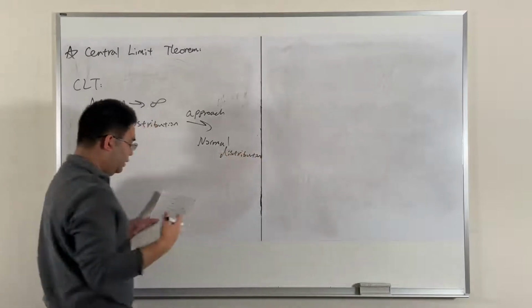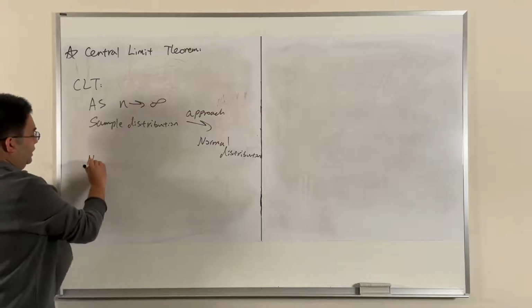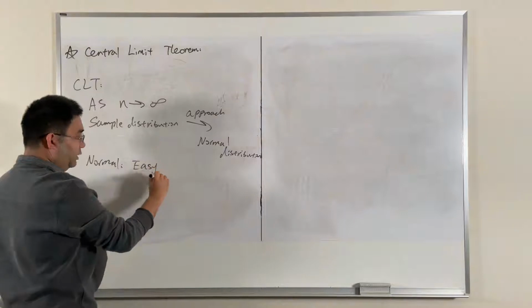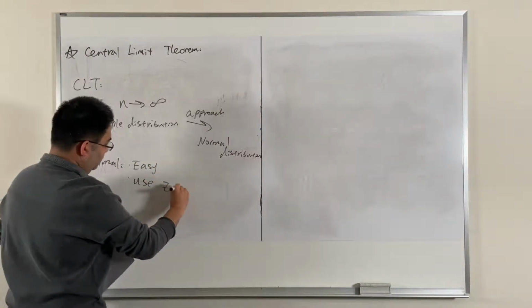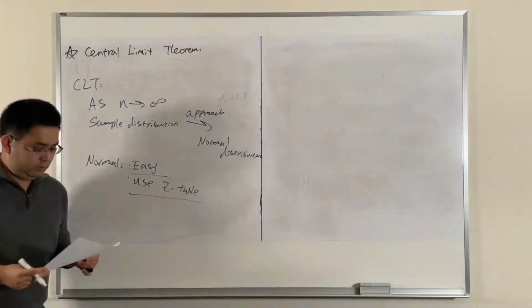And again, the reason we want to work with normal distribution is that it is easy to work with, it's very convenient, and we can use our z-table to do our calculations.